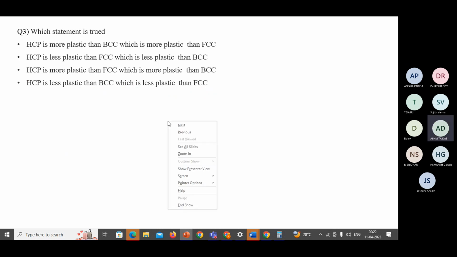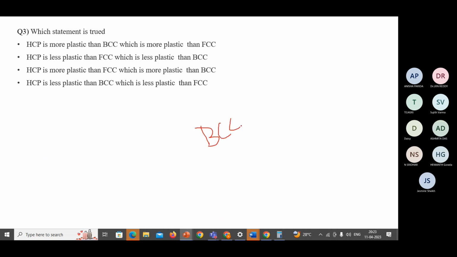So the least plastic one comes as BCC, right? Then comes HCP. Then comes FCC.